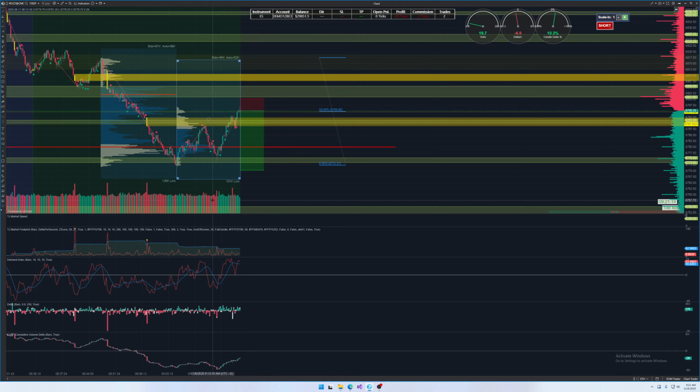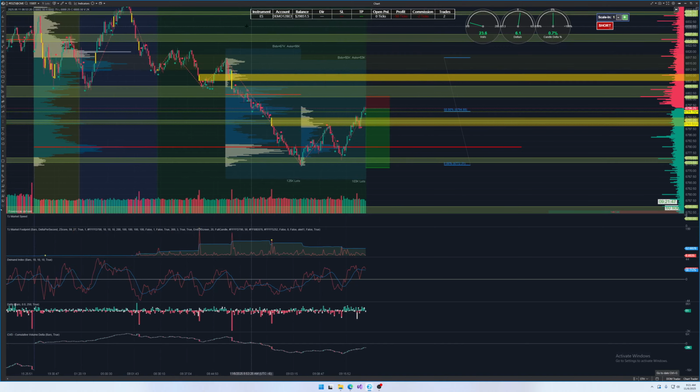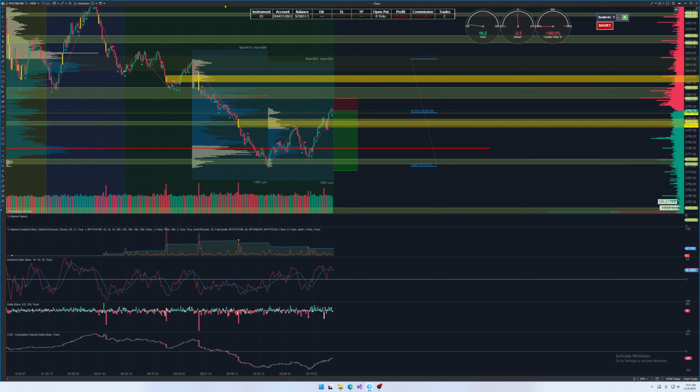Because the market is kind of, delta is going into the negative side. And it is a high volume area here where the market spent a lot of time before and then it went down. Cumulative delta seems to make a little break.